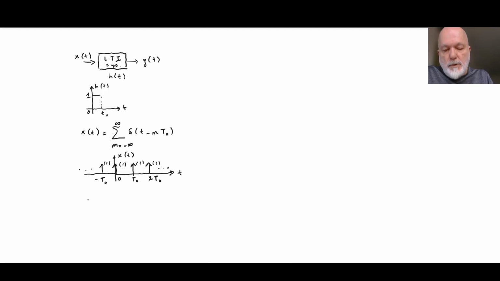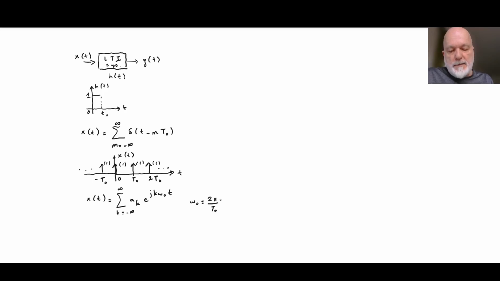The Fourier series of x of t is the sum of a_k e to the j k omega 0 t, k running from minus infinity to plus infinity, where omega 0 is related to T0 by 2 pi over T0.